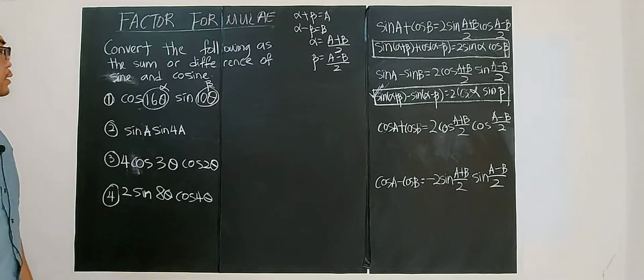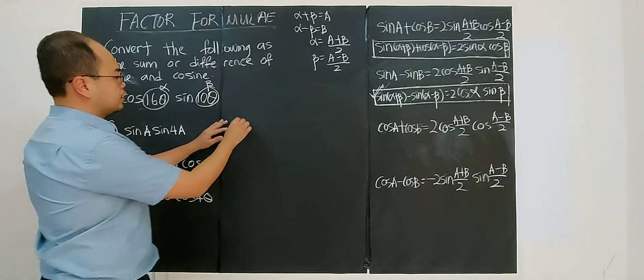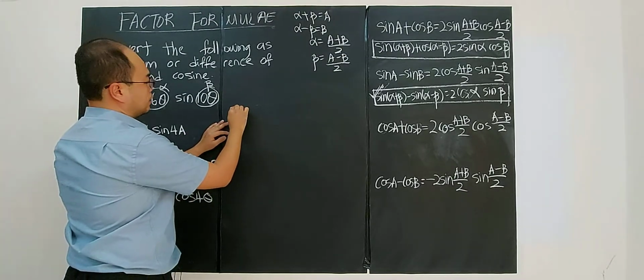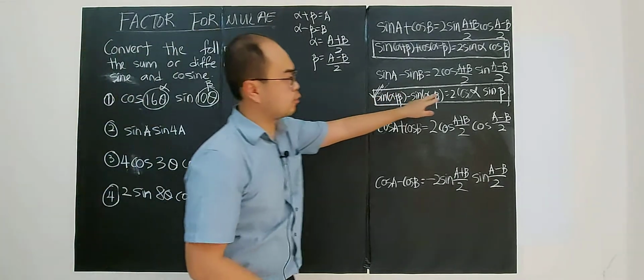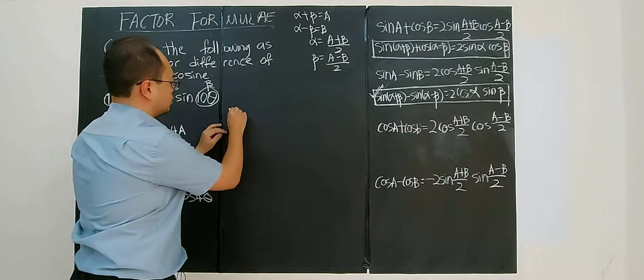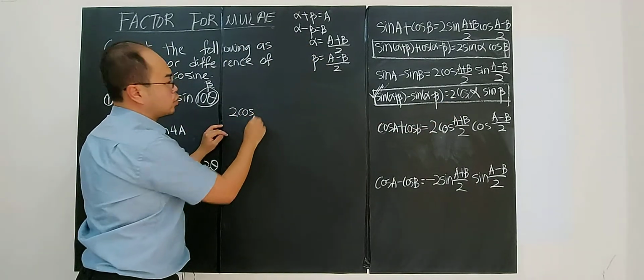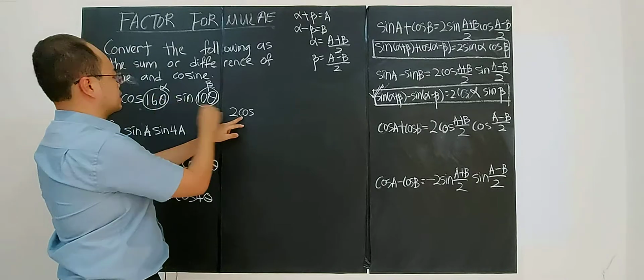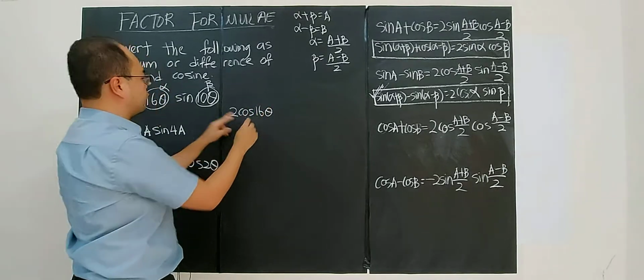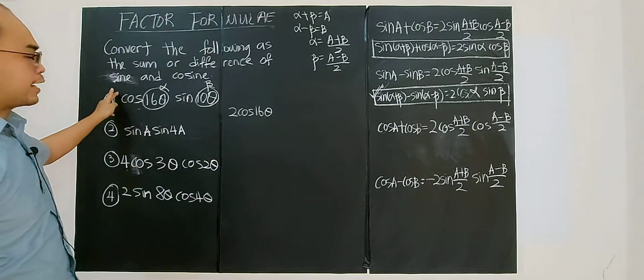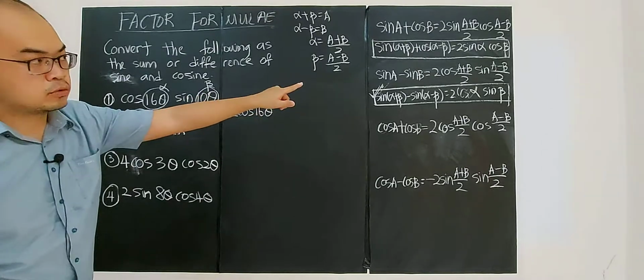Okay, I rewrite here. By following this formula, I just add a 2: 2 cos alpha, where your alpha is 16 theta. I follow the formula, and there is no 2 here, so I add a 2 to fit the formula.